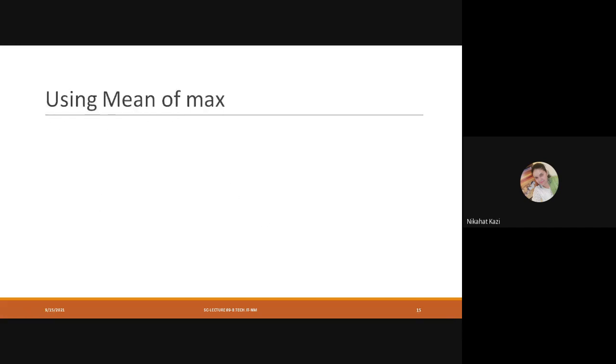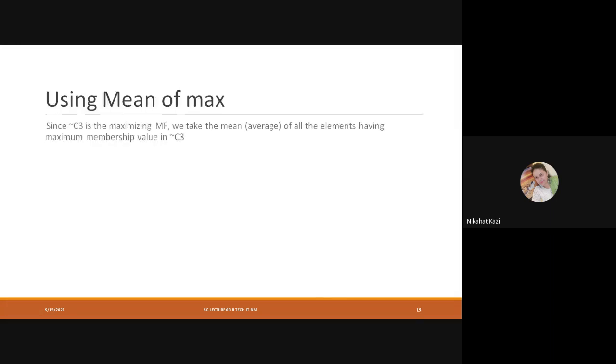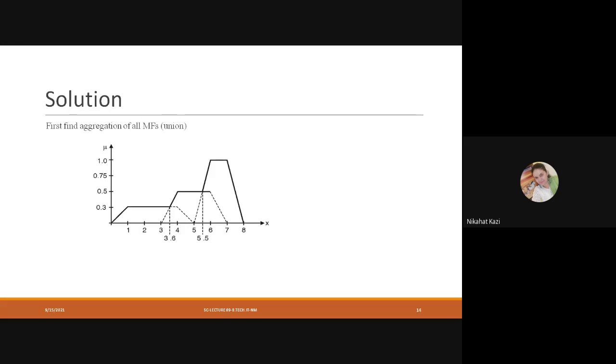Okay, so mean of max. What is mean of max? Look at the max. This is the max value, max peak. It's not drawn properly, but this is 6 and this is 7.